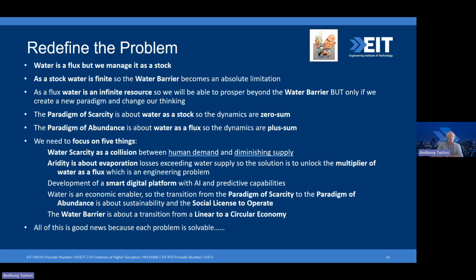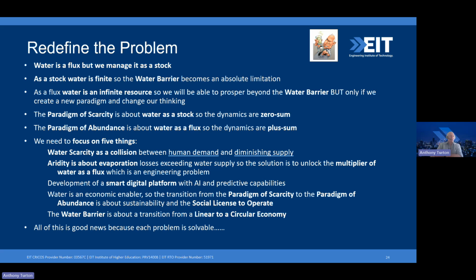The zero-sum game is about making my slice of the pie bigger than anyone else's, so it's inherently conflictual. We've got to start thinking about making the pie bigger for everybody, which becomes a plus sum. My gain is your gain. And that's where the management of water as a flux becomes very, very significant. I want you to start getting your head around that.